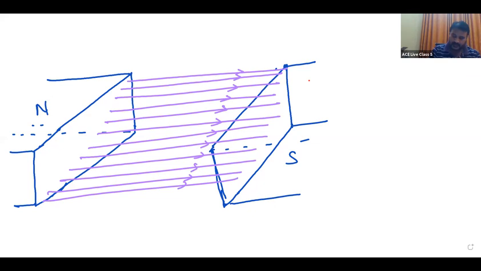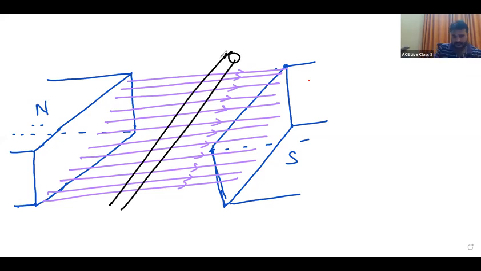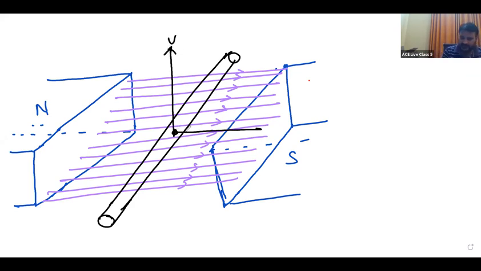If you take a conductor, this is a conductor. The conductor is driven, or moved, in the upwards direction. When the conductor is moving upwards in the flux density B, its angle is theta.